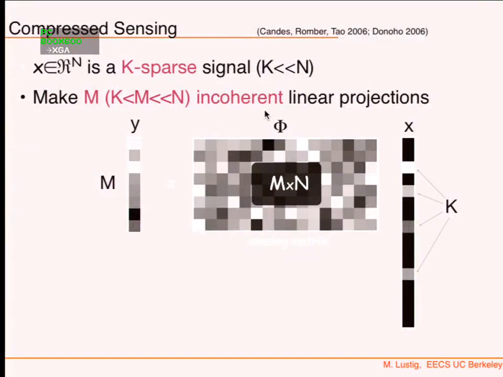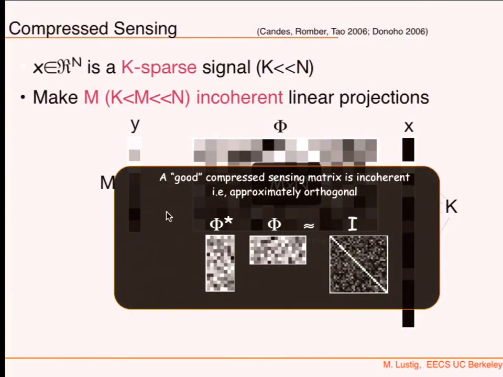What it really means is, when the sensing matrix is approximately orthogonal, that basically means that each one of the rows in this matrix, the ones that we actually use to make measurements, gives you significant additional information to the other ones. Okay? That's what basically it means.